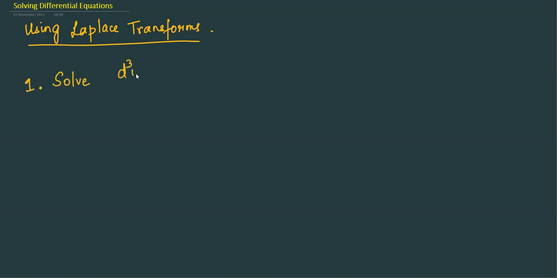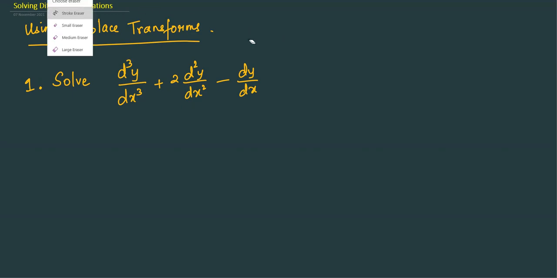d cube y by dx cube plus 2 d square y by dx square minus dy by dx minus 2y equal to 0. All right, either in terms of x or in terms of t. So we'll do both, one problem this way, other problem that way.